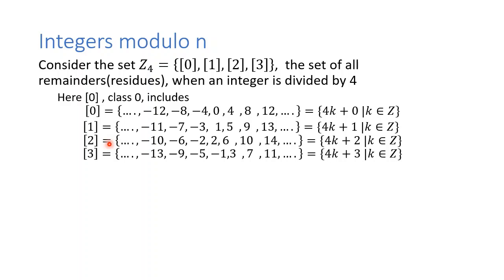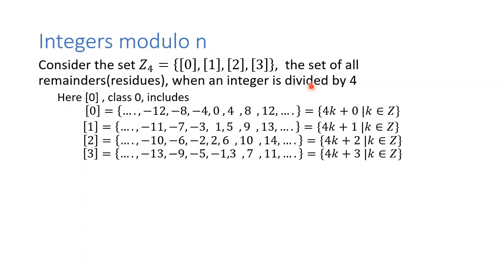Similarly, class 3 contains all the integers which when divided by 4 give a remainder 3. You may see that the whole integer set is divided into 4 classes which are disjoint, and whose union gives the whole integer set. So now we have 4 elements in this set Z4.